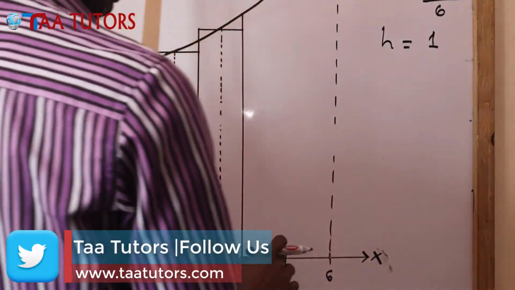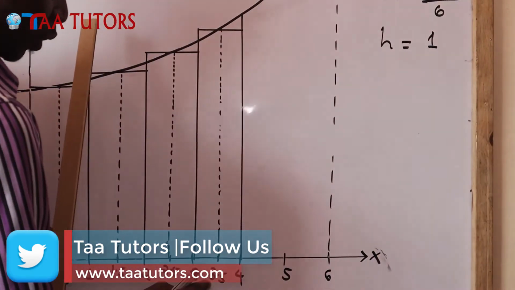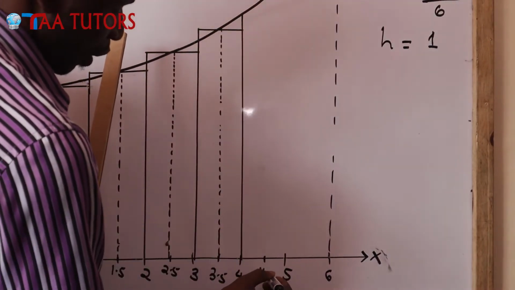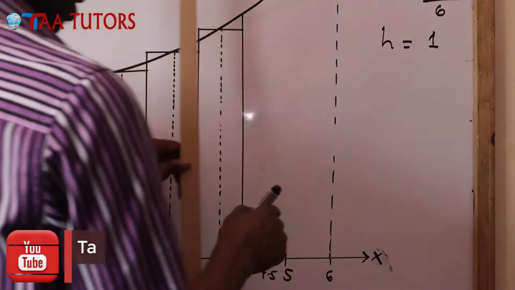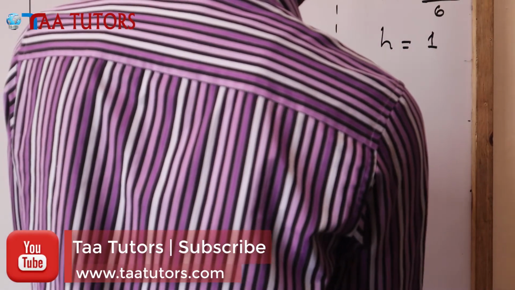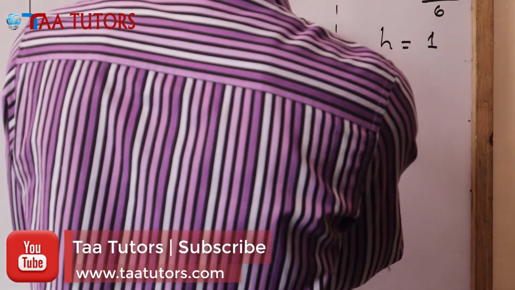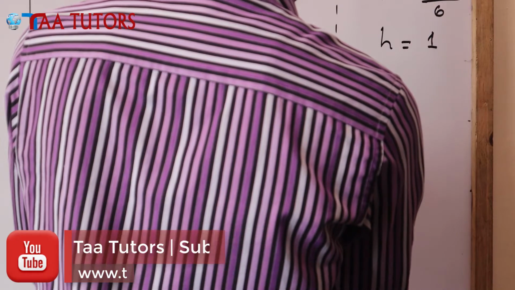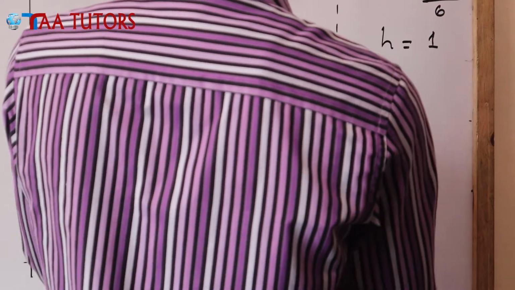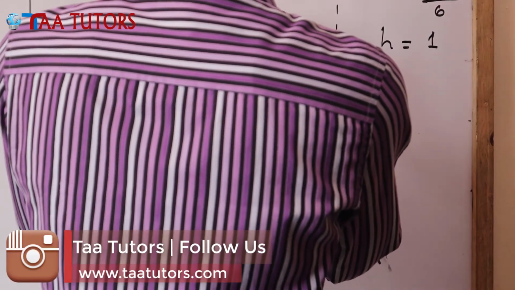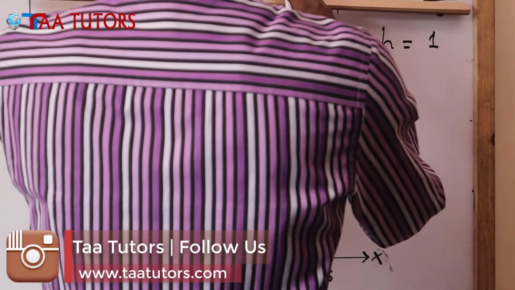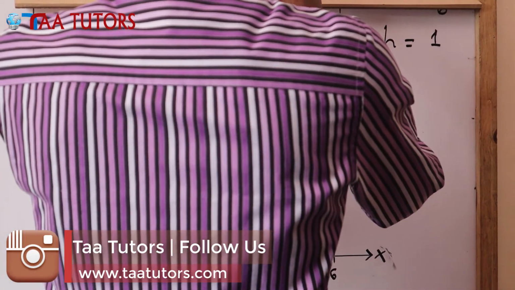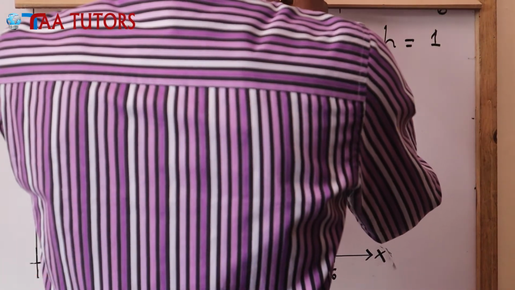Then we go for the next one. Again, from 3.5 to here we'll get 4.5, which is the next mid-ordinate. We draw a line there, and that line is the mid-ordinate. Let's extend this because we need to draw a rectangle moving this way.